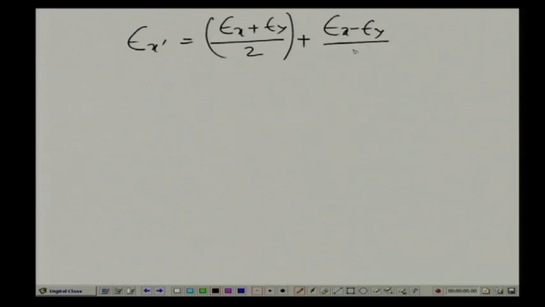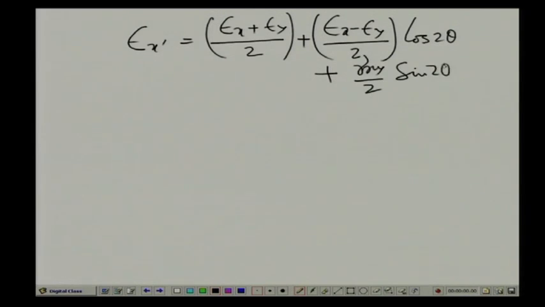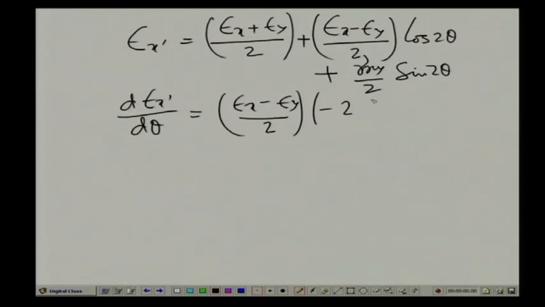Now, epsilon x dashed, as we have noted down, is equal to epsilon x plus epsilon y by 2 plus epsilon x minus epsilon y by 2 cos 2 theta plus gamma x y by 2 sin 2 theta. If we take the derivative of this with respect to theta, this is equal to epsilon x minus epsilon y by 2 times minus 2 sin 2 theta plus gamma x y by 2 times 2 cos 2 theta.